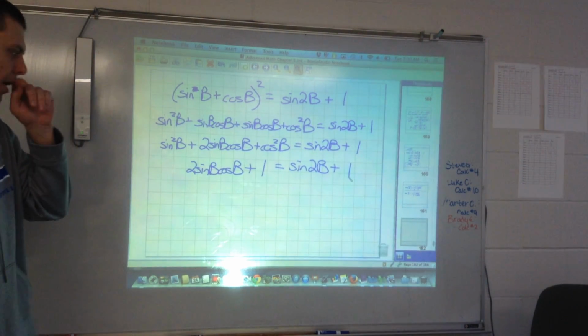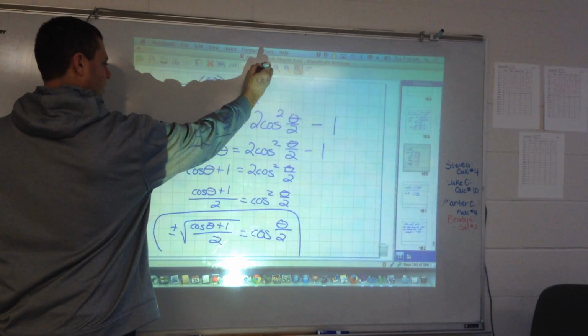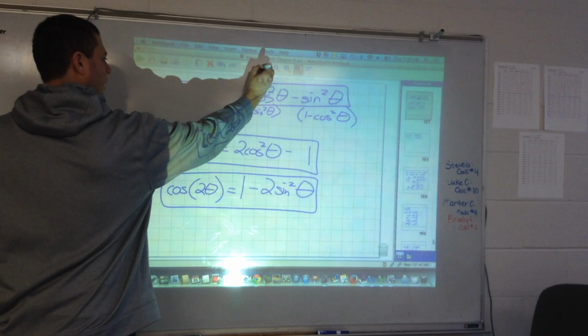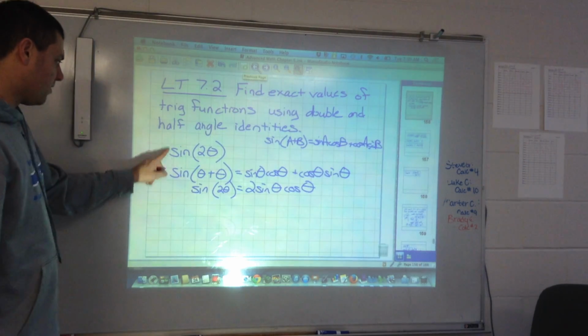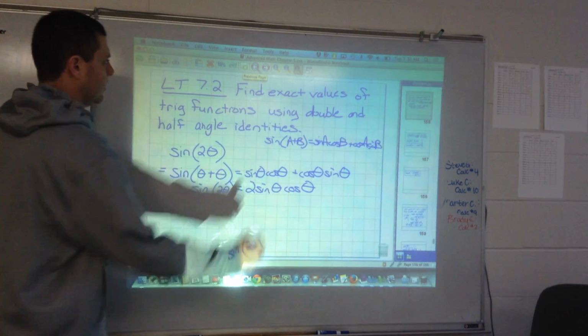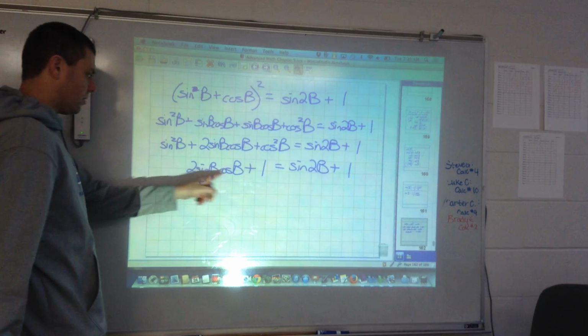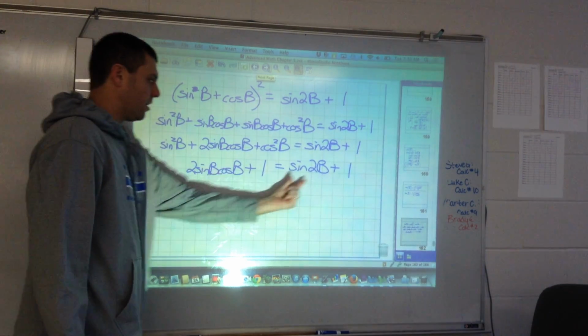And this is where you just have to recognize your identities. Recall the sine of twice angle b. The sine of twice some angle is 2 sine cosine. That's what we have. 2 sine cosine, that is the double angle identity right there.